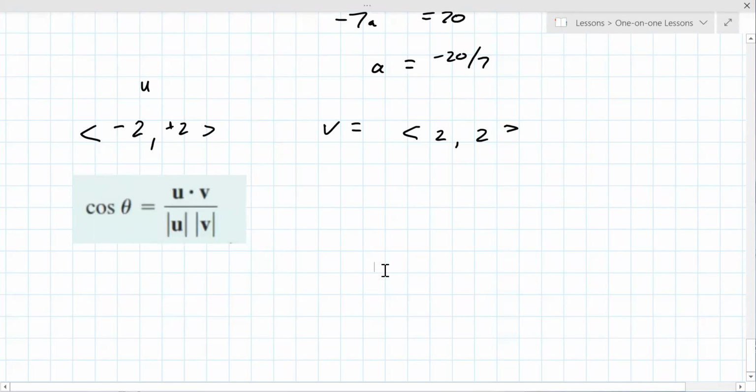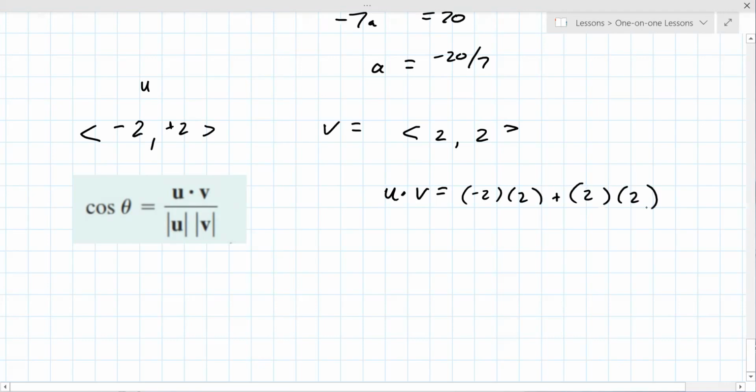Okay. So the top part is finding the dot product. So what is the dot product between these two? I want you to do that for me, please. It's 0.